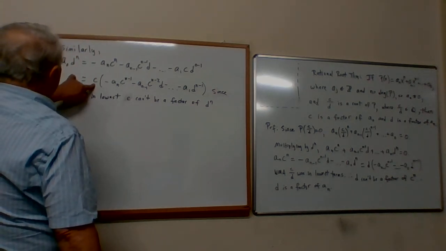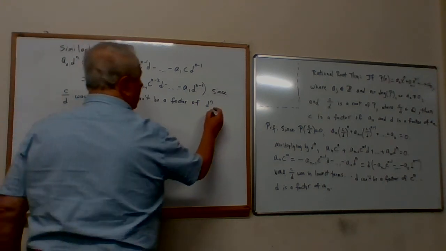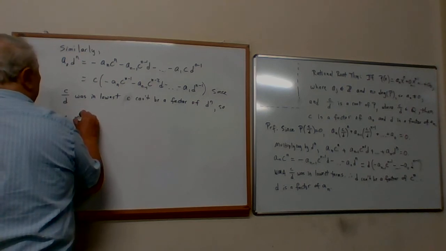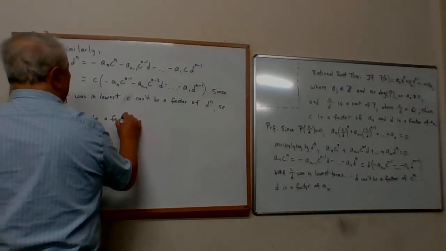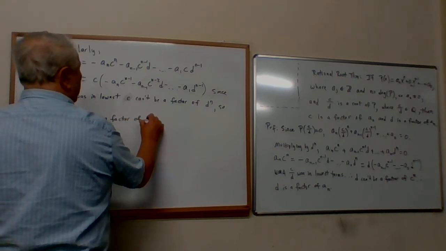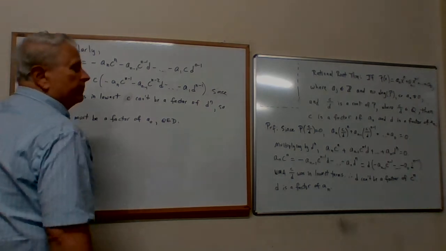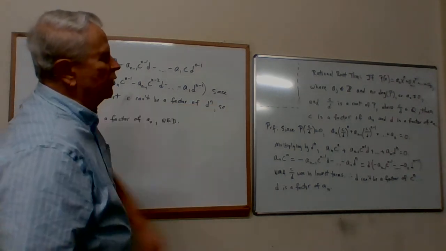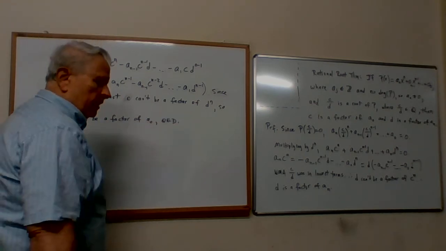And so if it's not a factor of d to the n, it's got to be a factor of a0. QED. Because I proved before that d is a factor of a sub n, I've proved now that c is a factor of a sub 0, and bada bing, bada boom.